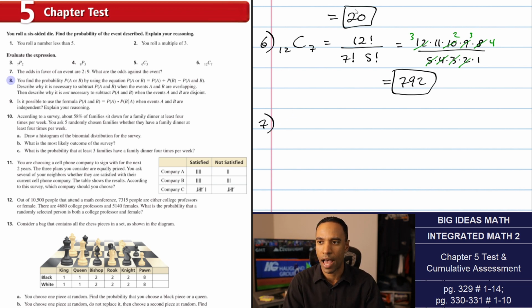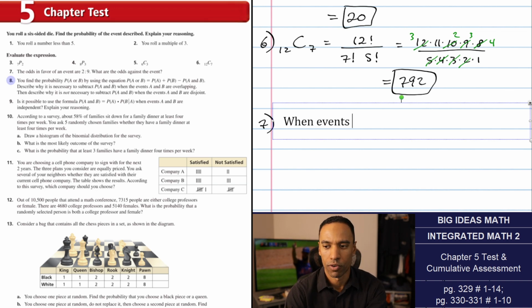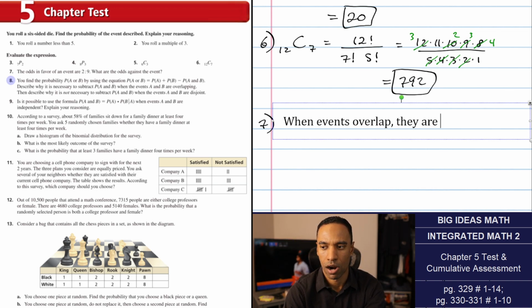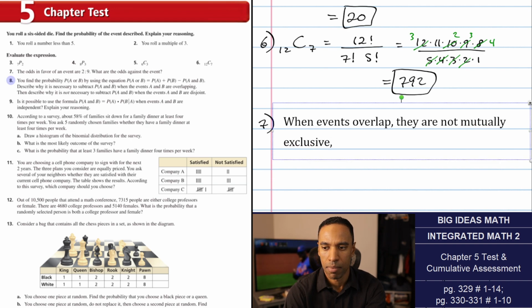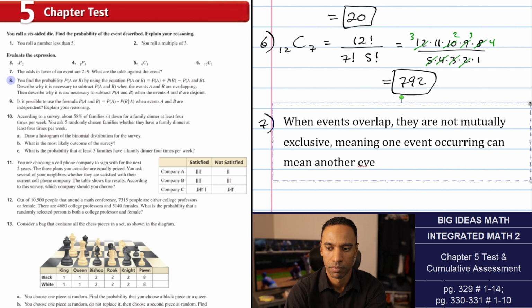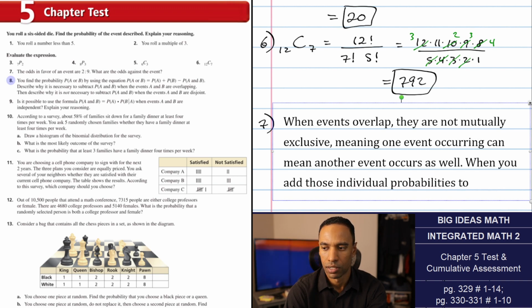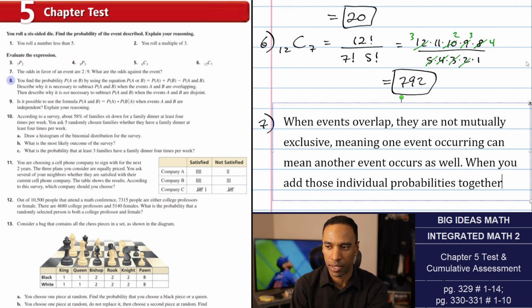When events overlap, they are not mutually exclusive, meaning one event occurring can mean another event occurs as well. When you add the individual probabilities together, you are doubling up the overlapping values.